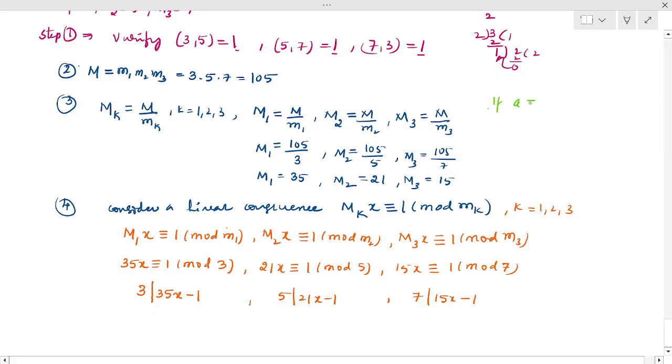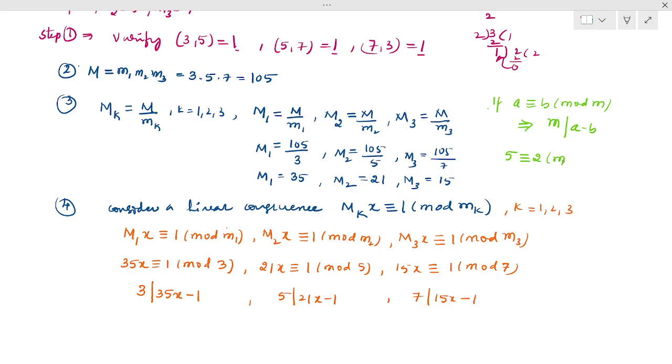If A is congruent to B mod M, which implies that this M divides this A minus B. For example, if I write 5 is congruent to 2 mod 3, means definitely this 3 divides 5 minus 2. 5 minus 2 is 3. Definitely 3 divides 3. So you have to remember in this form.